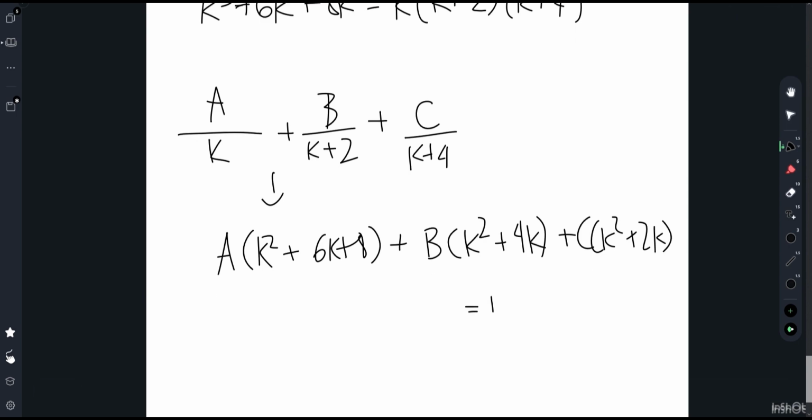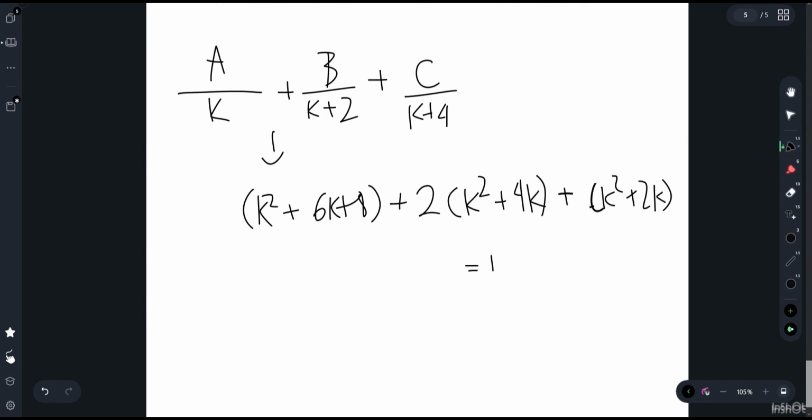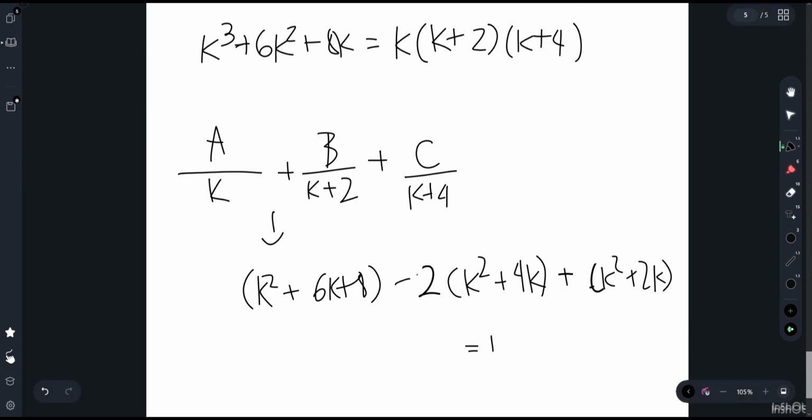And so now after a little bit of working things around, we can conclude that we can set a as 1, c as 1, and b as negative 2. So now we see everything crosses out, and to handle the 8, we can just multiply 1/8.